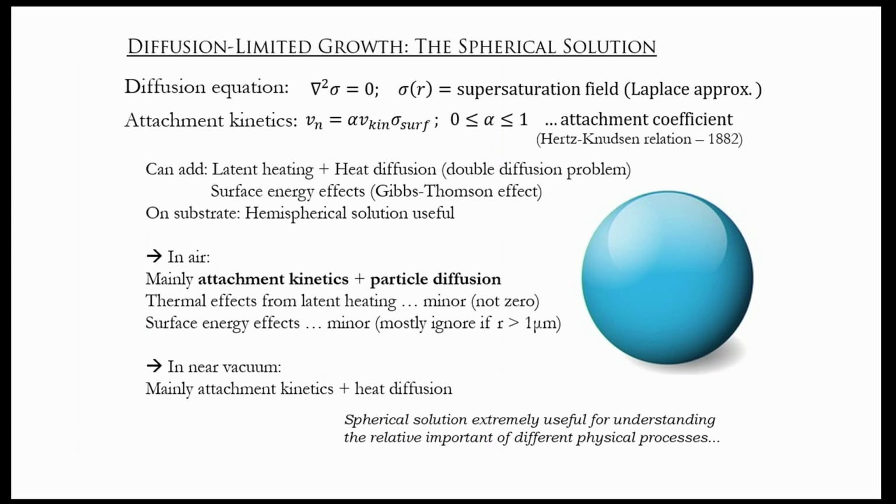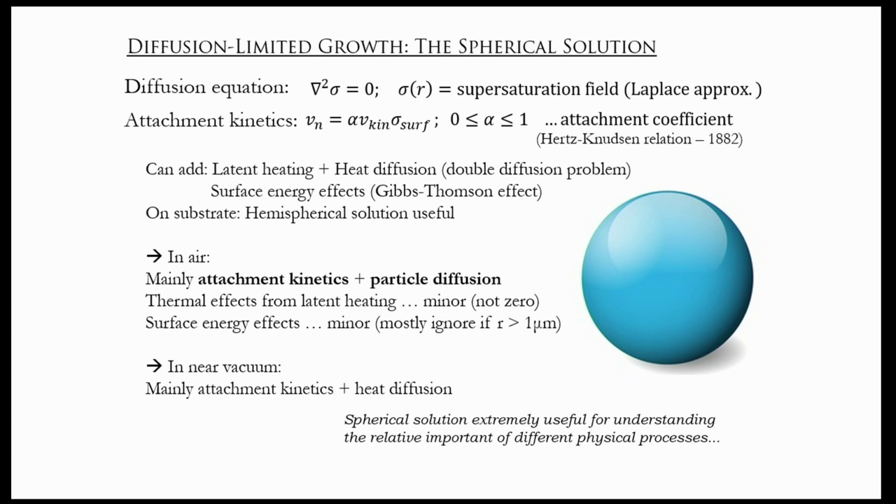So, of course, you have to really get serious. You've got to solve some equations. We know how to do this. The diffusion equation is pretty straightforward. We know that one, and we get to use the Laplace approximation, which is just del squared sigma equals 0, where sigma is the supersaturation field around the crystal. The reason we get to do that is that the time scale for the relaxation of the supersaturation field is much shorter than the growth time of the crystal.